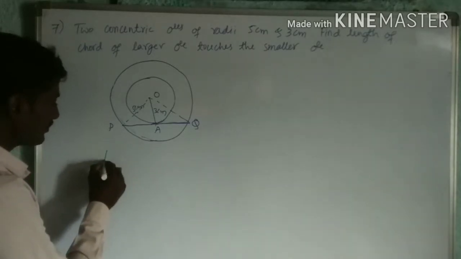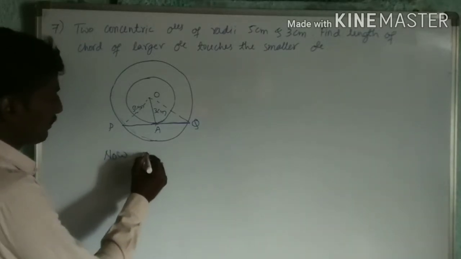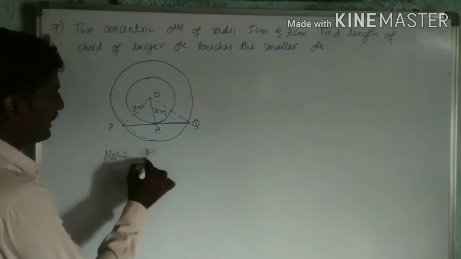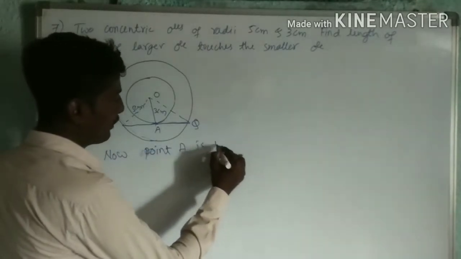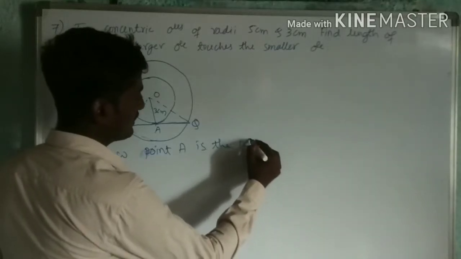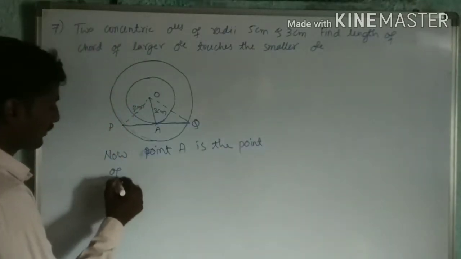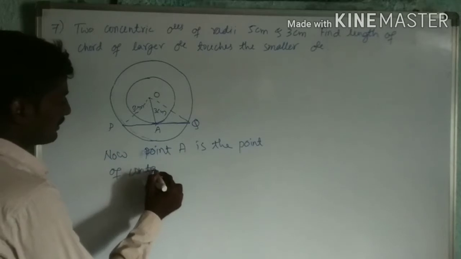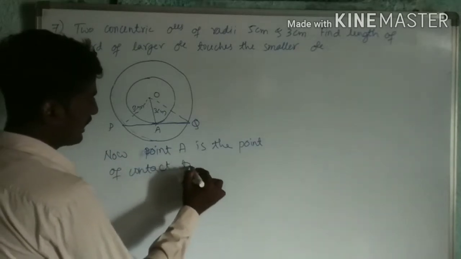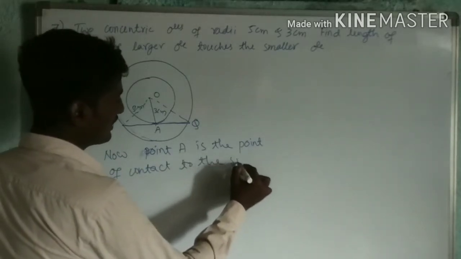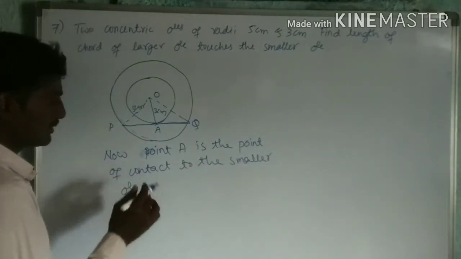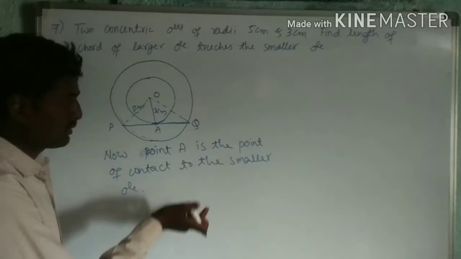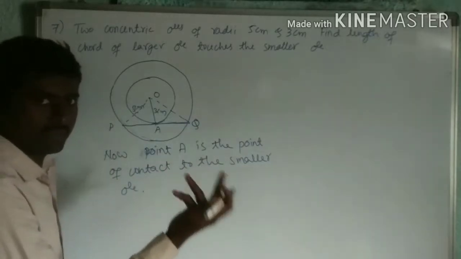Now point A is the point of contact to the smaller circle. Otherwise you can say PQ is a tangent to the smaller circle and A is the point of contact.